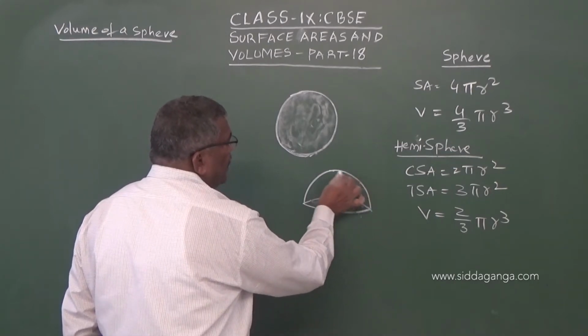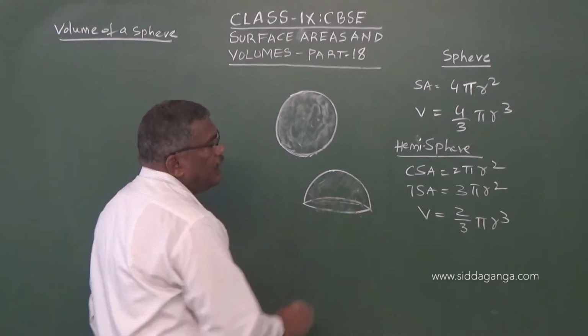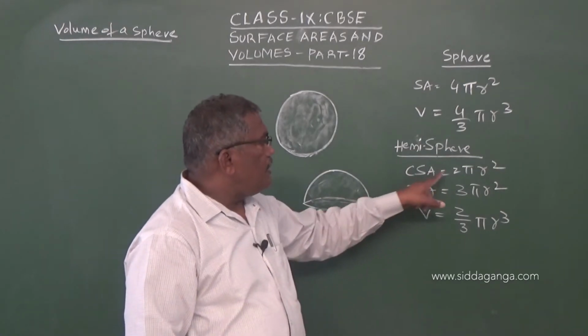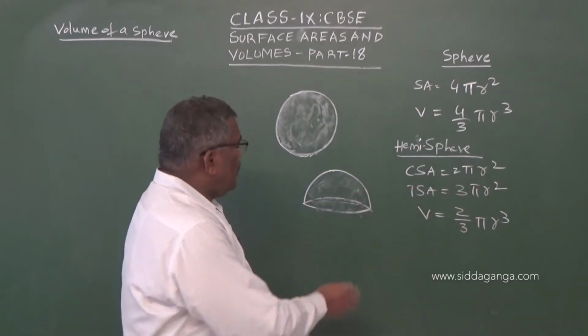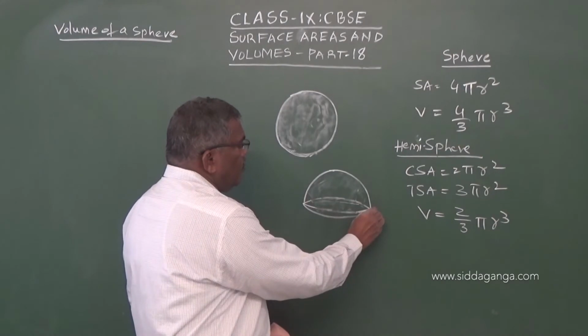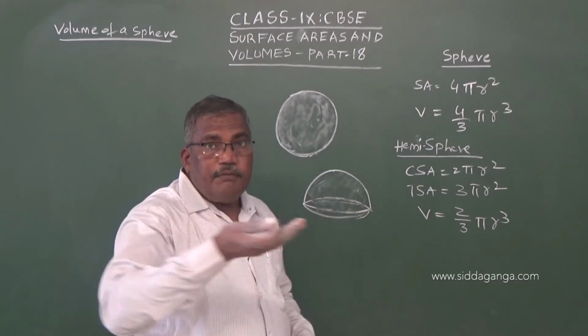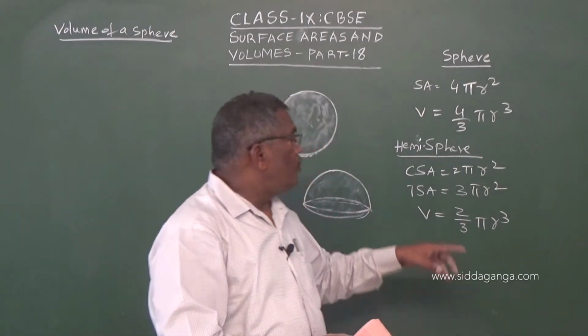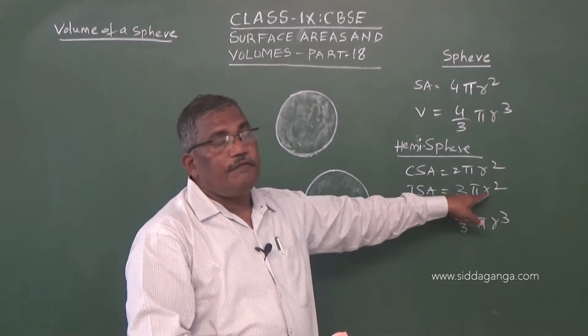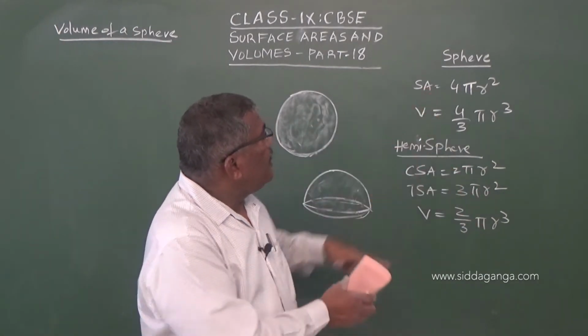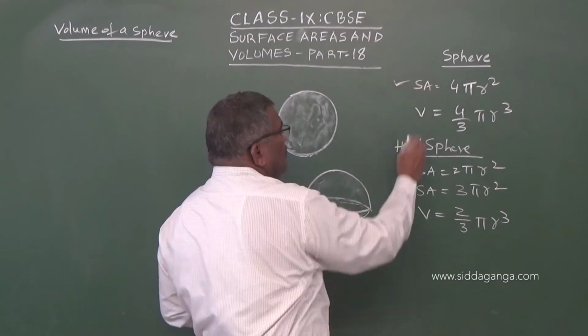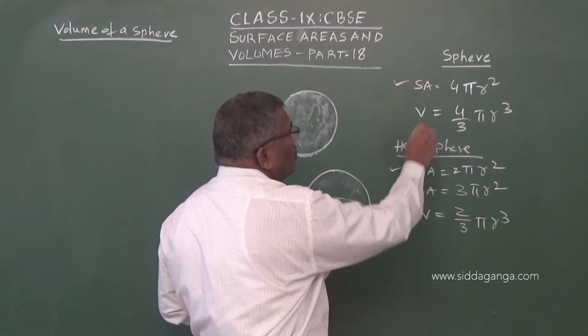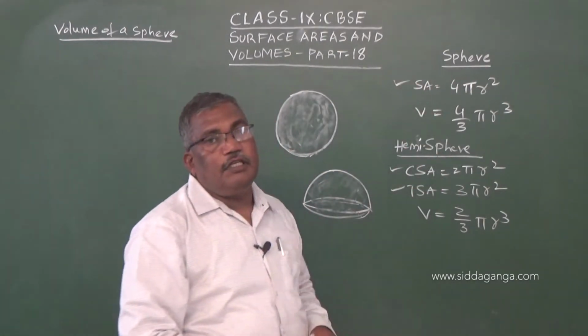This is a hemisphere, and its curved surface area is 2 pi r square, and if the circular cut surface is also included, we call it the total surface area. So, these two formulas, you are very familiar with.